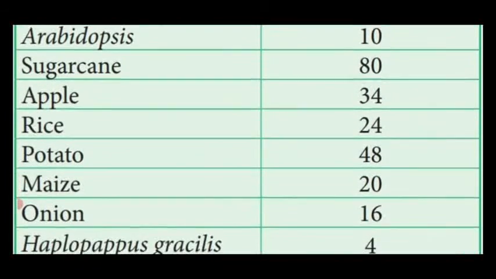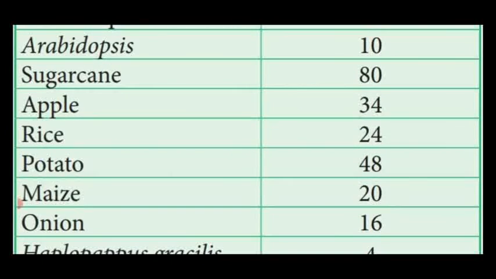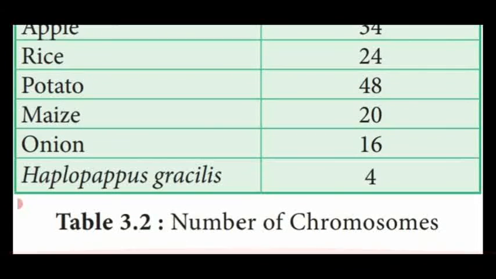Arabidopsis thaliana, named crucifer seaweed, which is a weed, an unwanted plant, contains 10; sugarcane 80, apple 34, rice 24, potato 48, maize 20, onion 16, and Haplopappus gracilis 4.